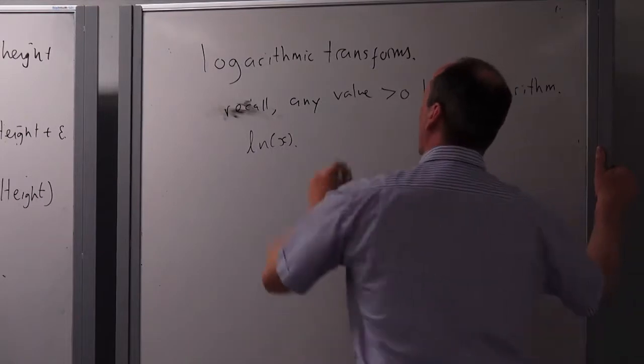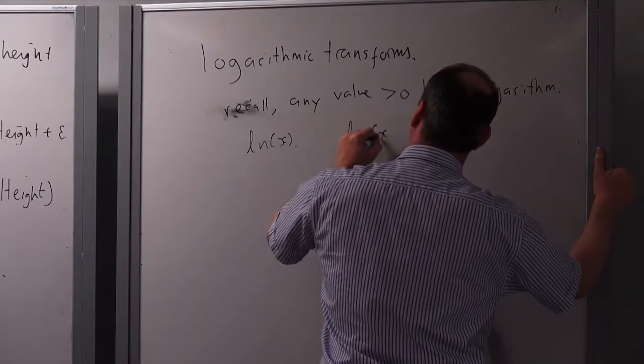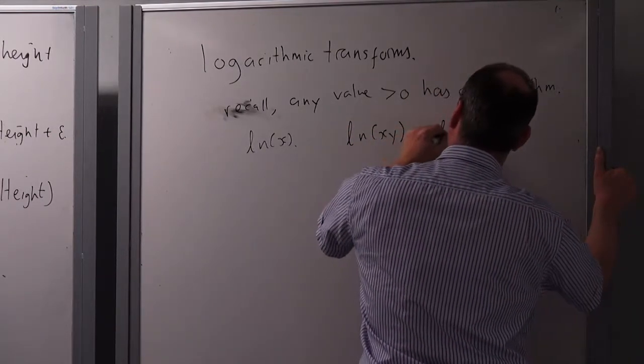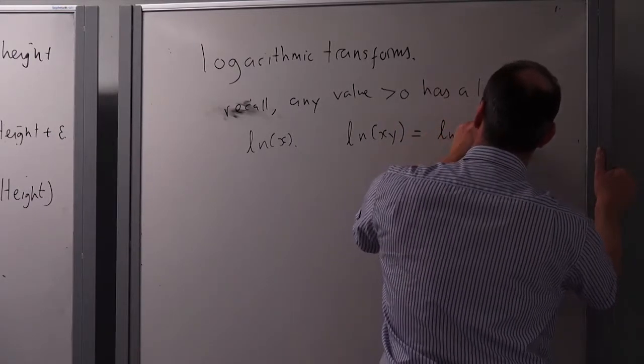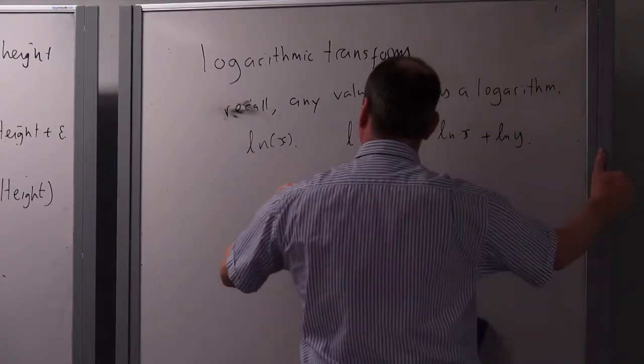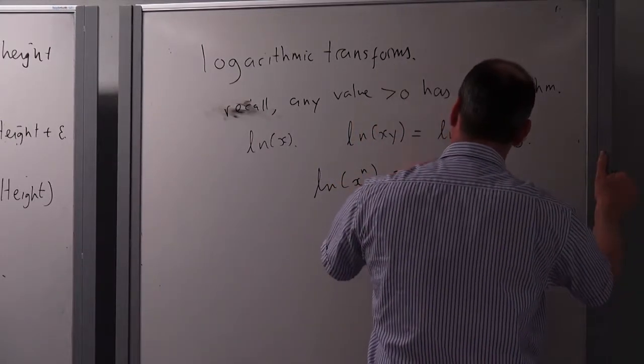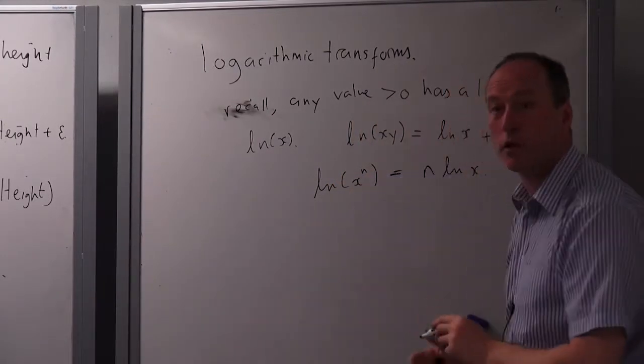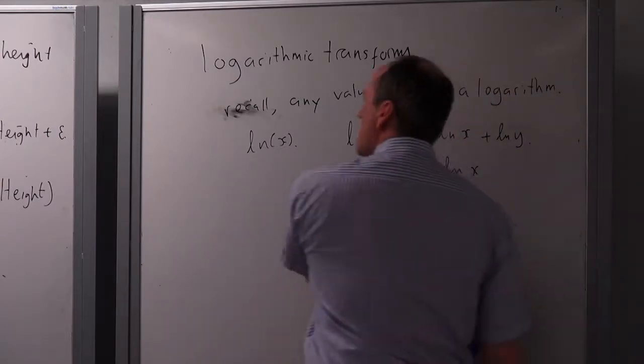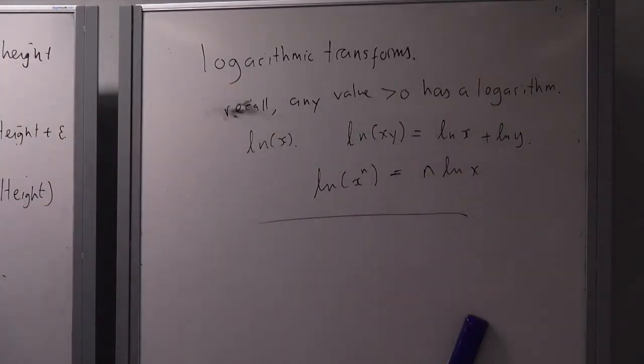So what I'm going to do, and you'll also recall that the log of xy equals the log of x plus the log of y, and the log of x to the power n equals n log x. Remember that from algebra? So instead of considering the volume, I'm going to consider the log of the volume, because it's always positive.